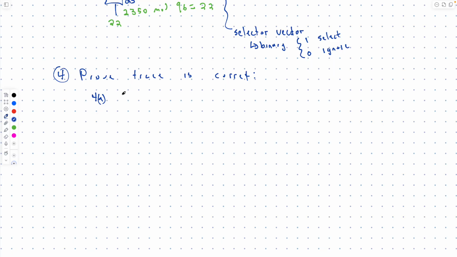So I'm going to prove that the public inputs are correct. I'm going to prove that the output, the public output, is correct. By correct here, I don't mean that it's computed correctly necessarily, I just mean that it shows up in the right spot.